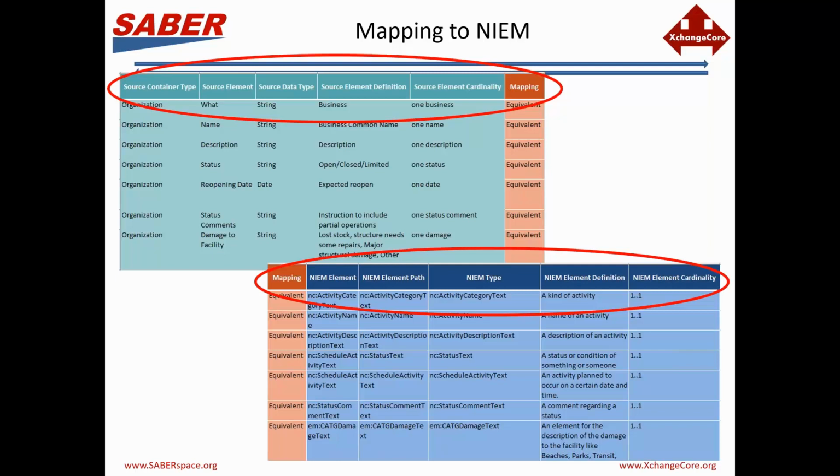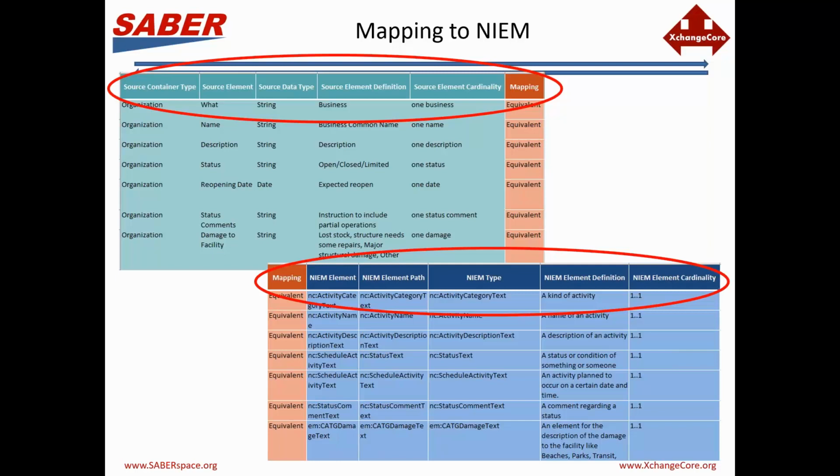Now in the blue down in the bottom, this becomes the NIEM side of it. The NIEM element is what we used to call the what, or the name or the description. The NIEM type is the equivalent of the NIEM element. That's the NIEM word that is used. Then finally, the NIEM definition says a kind of activity.